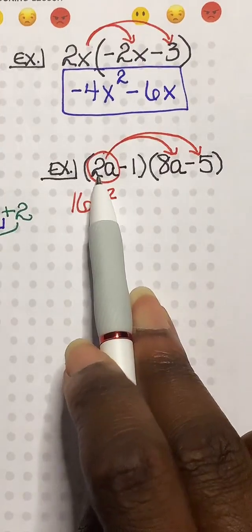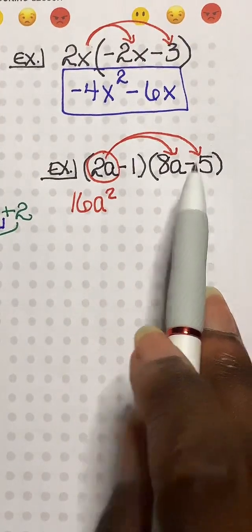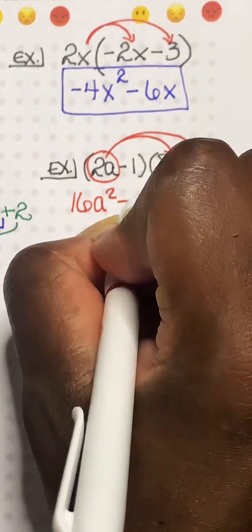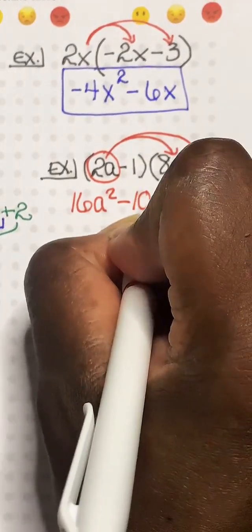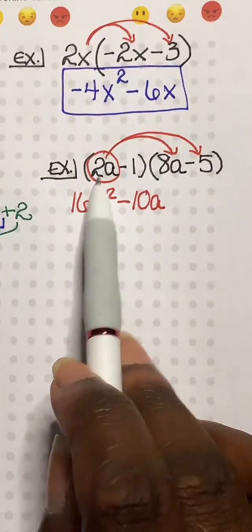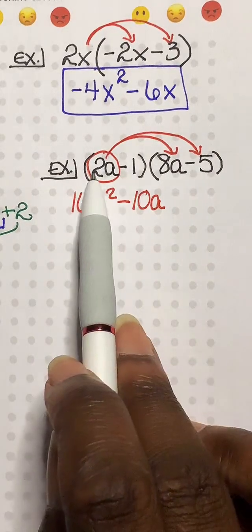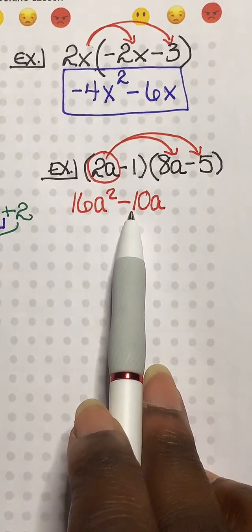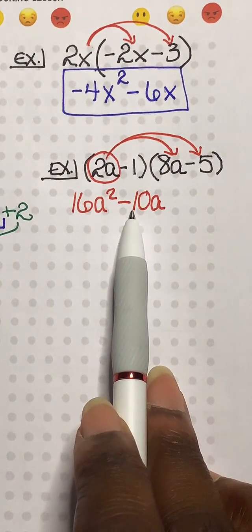So 2a times negative 5 will give me negative 10a. A positive times a negative, when the signs are opposite, your answer is always going to be negative when it comes to multiplication and division.